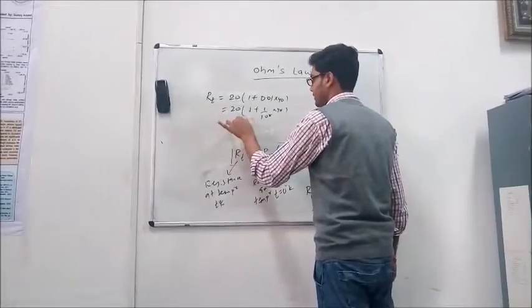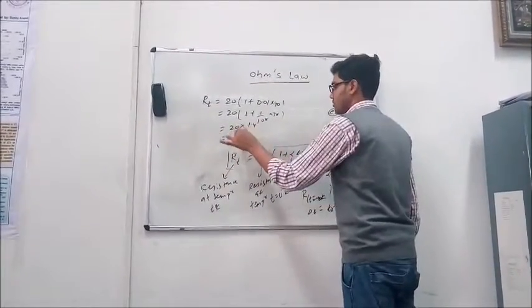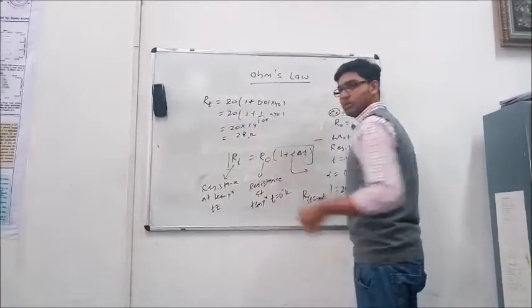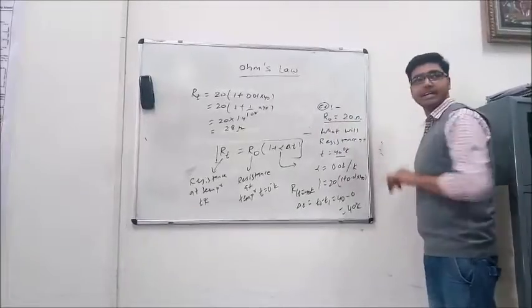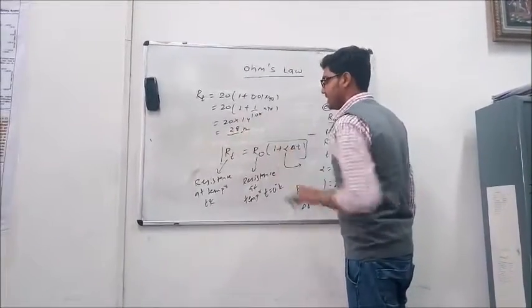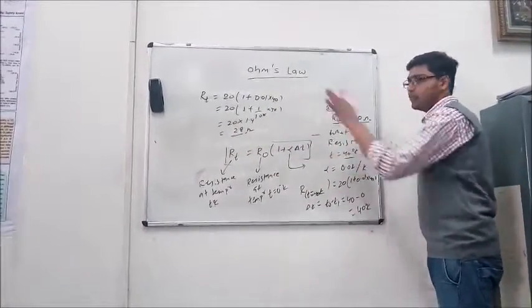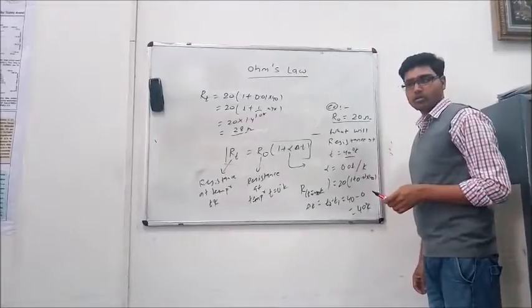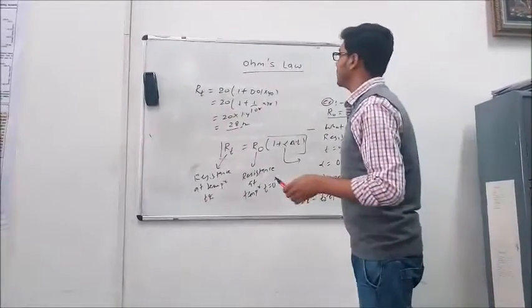We are going to get 28 ohm. So a material which has a resistance of 20 ohm at T equal to 0 will provide a resistance of 28 ohm at T equal to 40 Kelvin. This variation we can also consider in the problem.